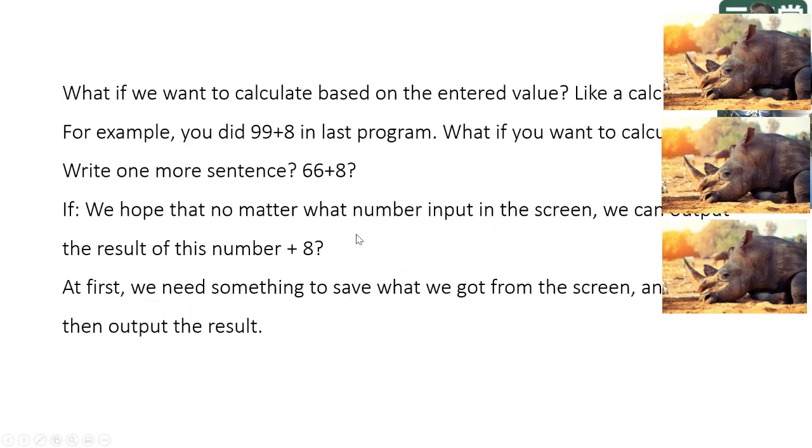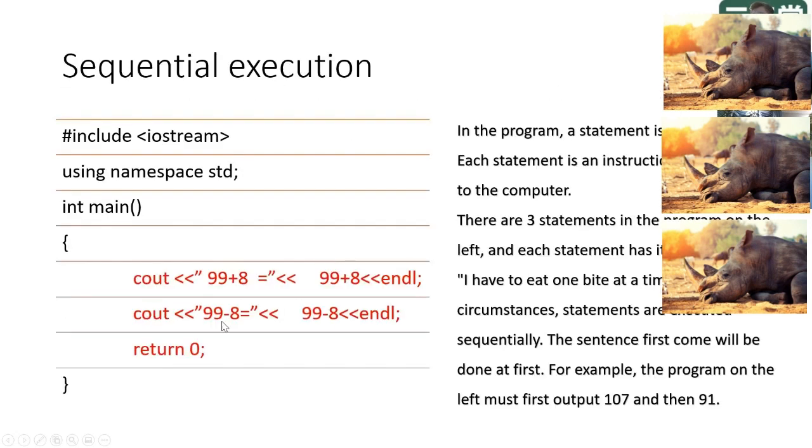Here is another question. I write this program, but it's stupid, right? It can only calculate 99 plus 8. So what if I want to calculate any other two numbers? Just like your calculator, you type two numbers, and it should give you the result of any two numbers you input, right?